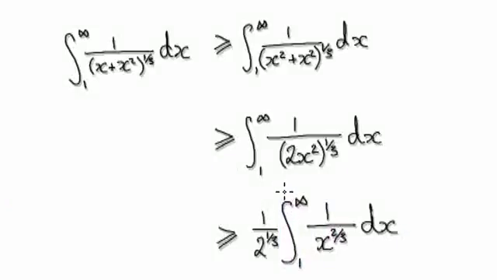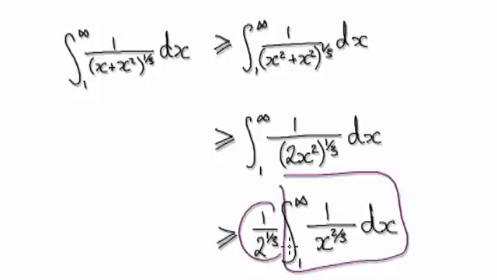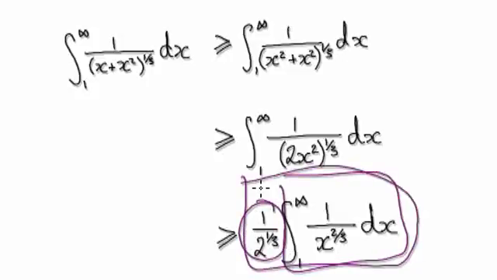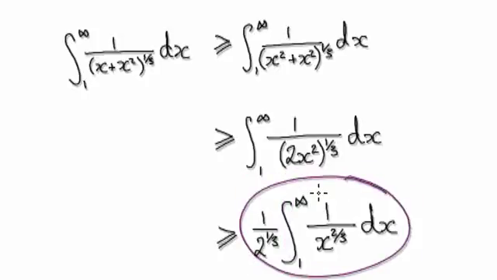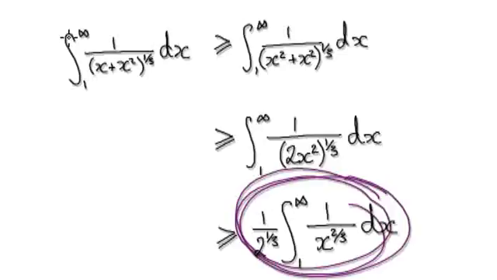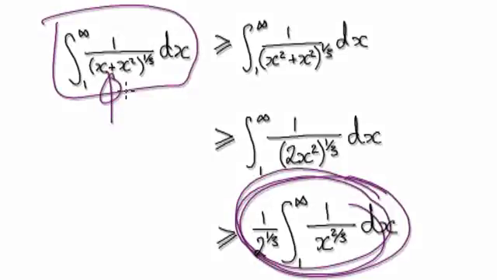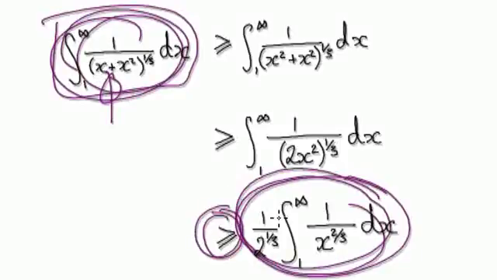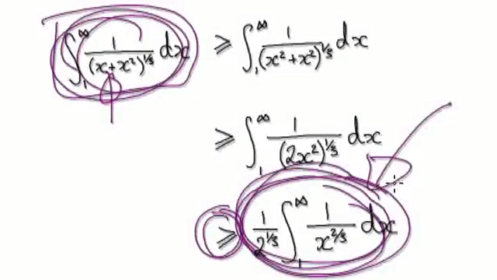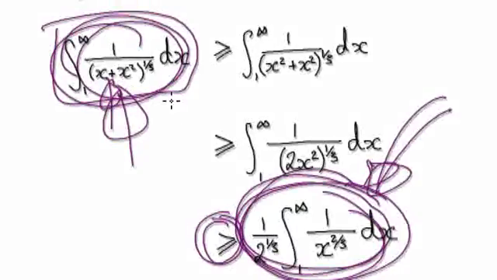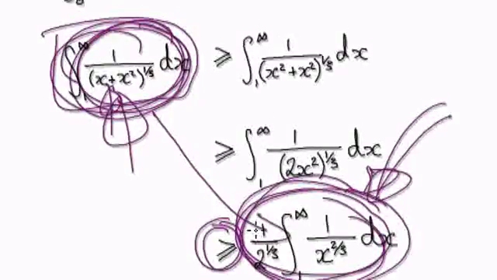If this diverges, then when you multiply by a constant, it's still going to diverge. The whole thing is going to diverge. If this is greater or equal to this, and this diverges, then this will have no choice but to also diverge, because it is greater.